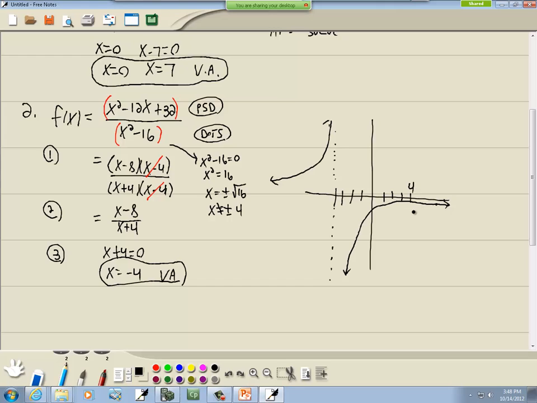Here at 4, our domain says it doesn't exist there. What we're going to find at 4 is an open hole in our graph. So we have a hole. So something to keep in mind: your vertical asymptote and your domain will not always match. This right here is actually the invisible line, or vertical asymptote, and the other one's a hole.